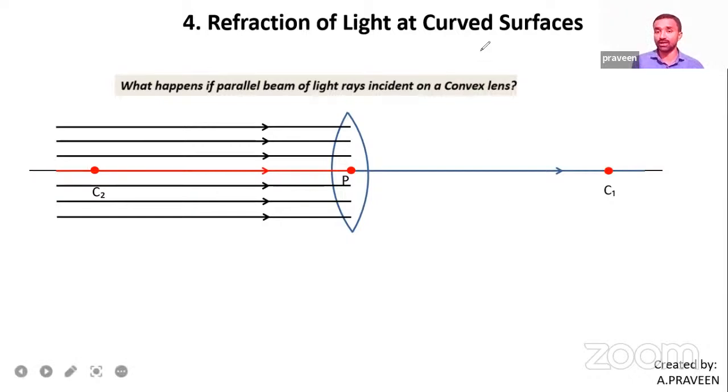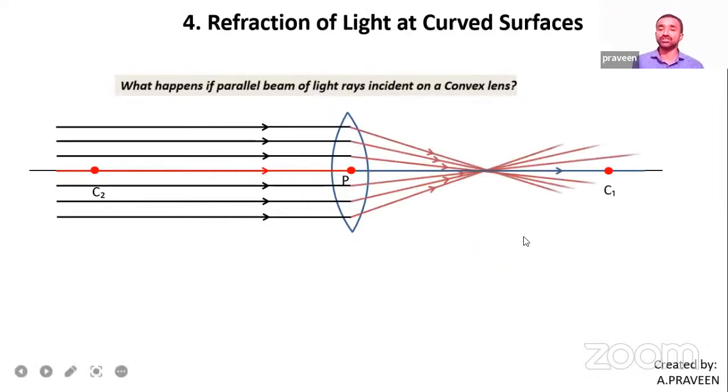That's why this blue light ray is given along the principal axis. Then what happens to the other light rays here? They are all going to meet at a common point. Where? On the principal axis. So I obtained a common point from all these refracted light rays, which is lying on the principal axis.